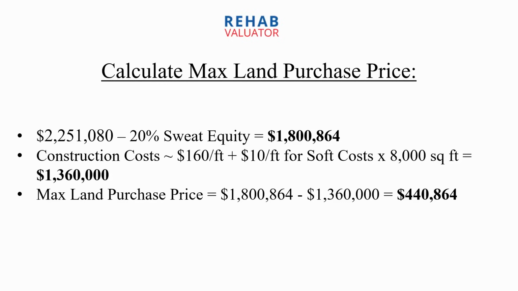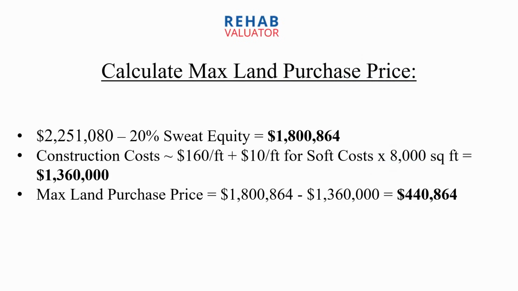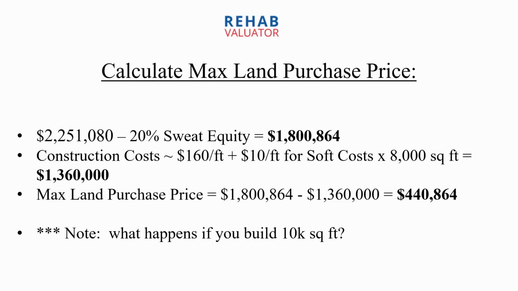But if I back out my equity position and my construction costs from $2,251,080, that gets me to the maximum price I can pay for land of $440,000. And even though this is the number that I typically calculate, I'm going to offer quite a bit less because I at most want to end up here, and really I want some room for error.